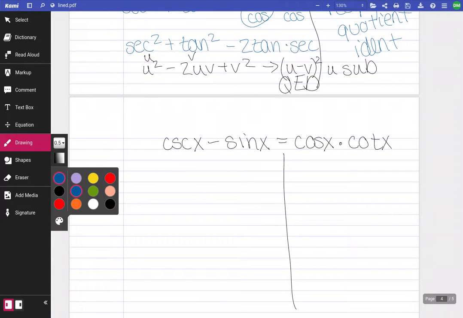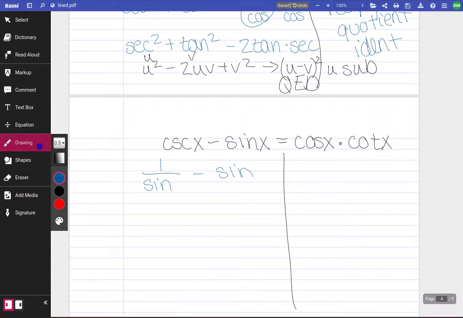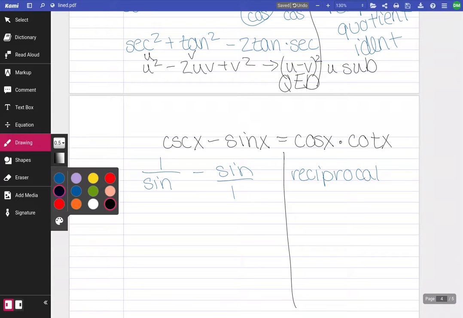So the first thing I want to do on this one is I want to change cosecant to be 1 over sine minus sine. And that is just a reciprocal identity. Now, the thing on this one is I can't actually add or subtract these 2 fractions until I get a common denominator.